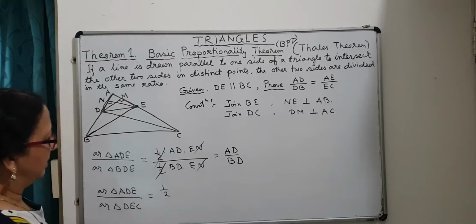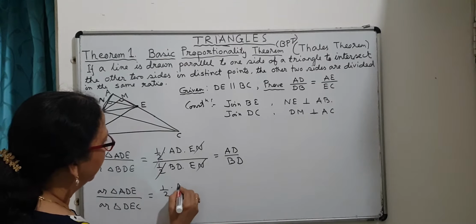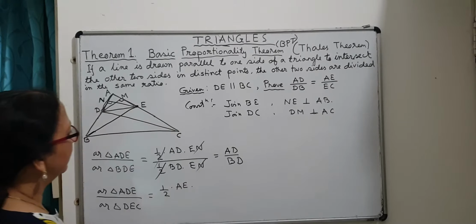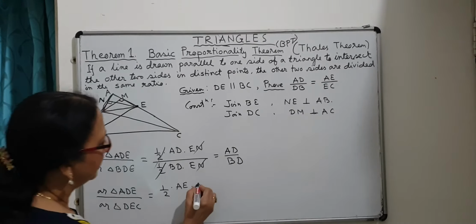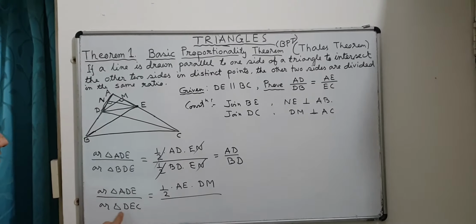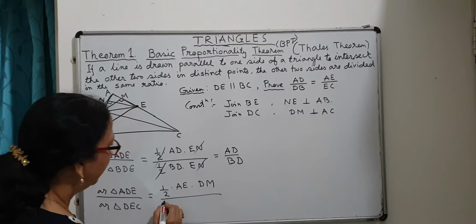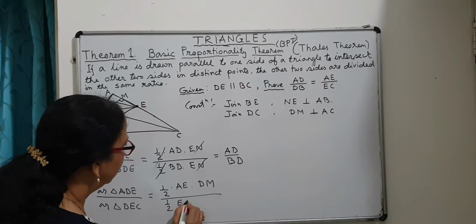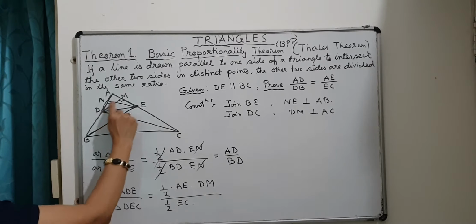So half of AD, here instead of AD I will take AE as the base, and the corresponding altitude when AE is the base, DM is the altitude. Similarly for triangle DEC, EC I am taking to be the base, half of EC, and for this triangle the same altitude is DM only.